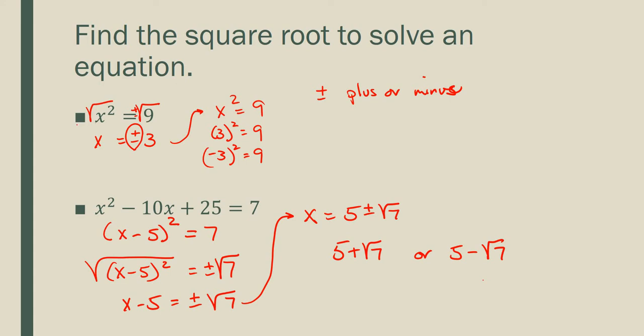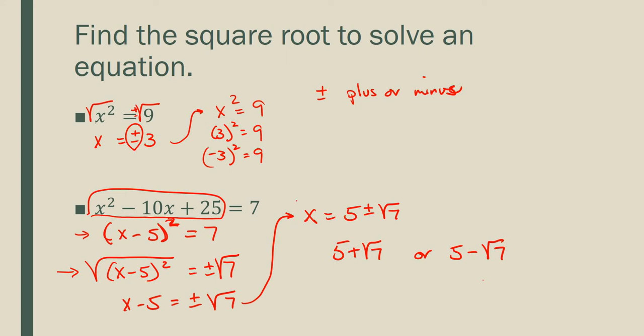So take the square root of each side. If the left side is a perfect square trinomial, I can write it as a binomial squared, and then I can take the square root to solve it.